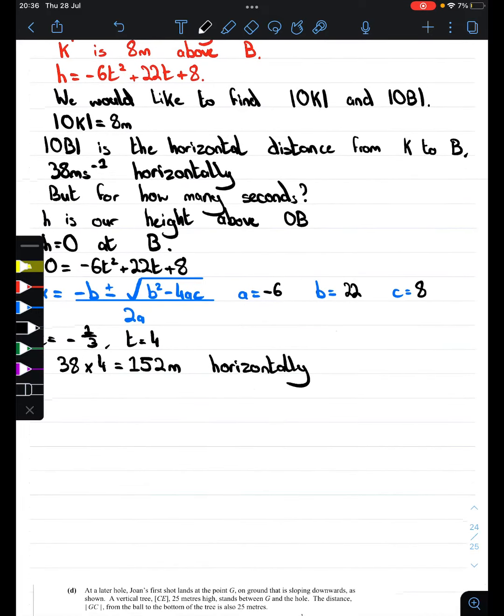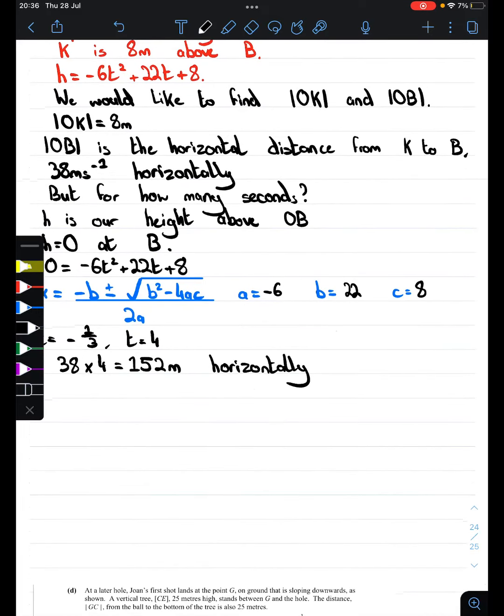We know that CD equals 25 minus h, and we know that d equals 2h. If we put these together, we get CD equals 25 minus d over 2.